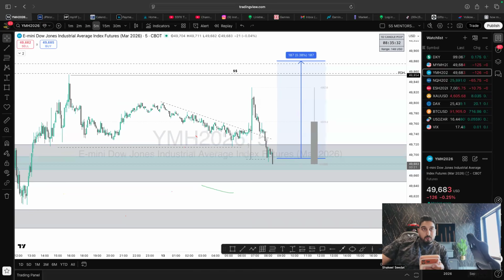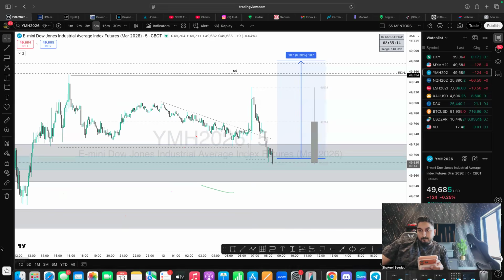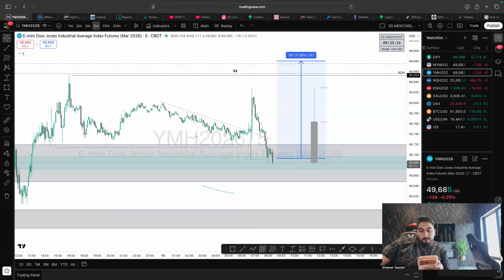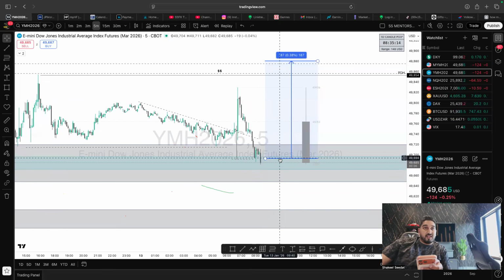It's like 5 minutes more. I need to see some sort of push from here. It's at that exact area right now, but I need it to hold here.